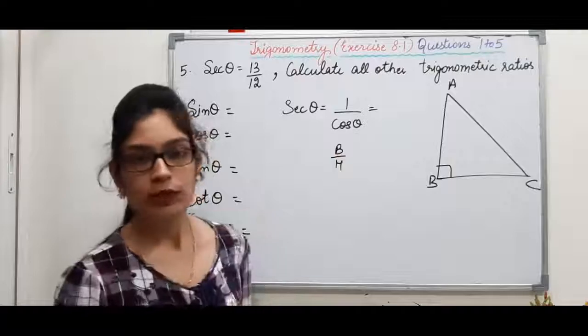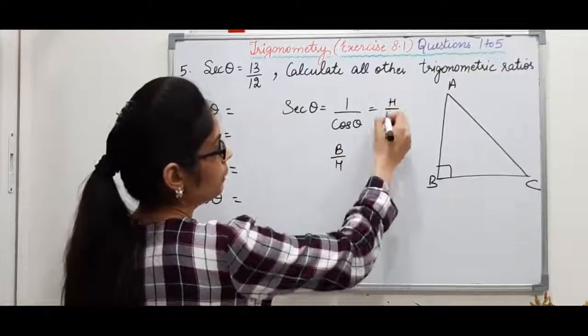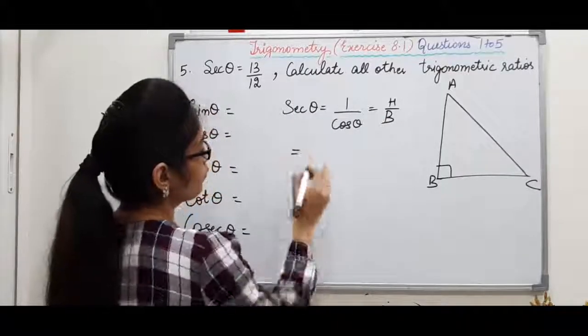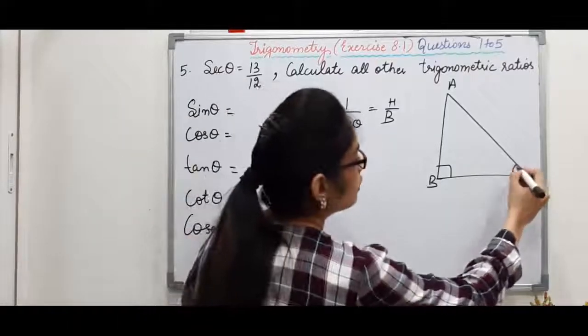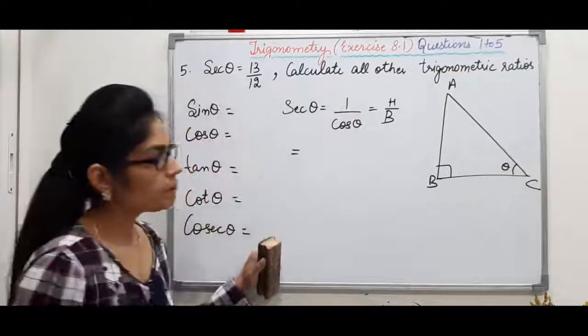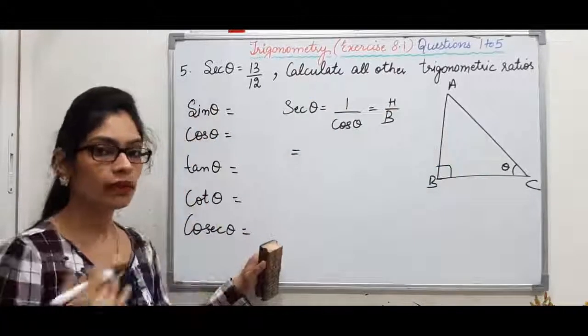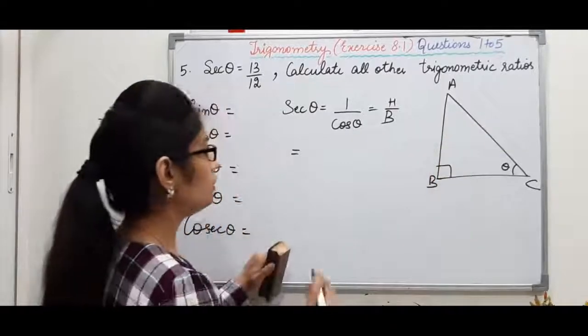For reciprocal, we just have to interchange numerator and denominator. So secant theta is hypotenuse by base. Now let's assume this is our theta. With respect to this, we will find the values of all the other trigonometric ratios and the third side of the triangle also.